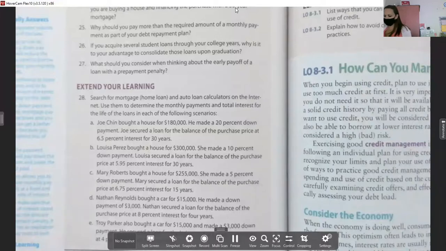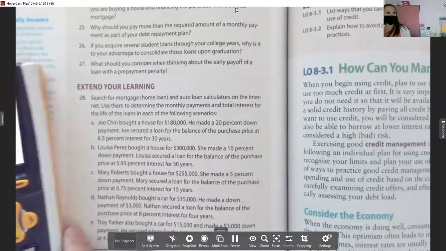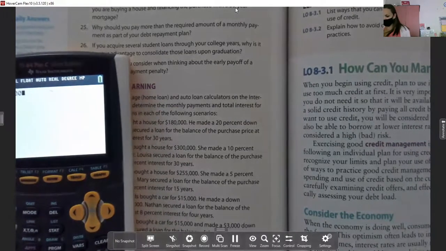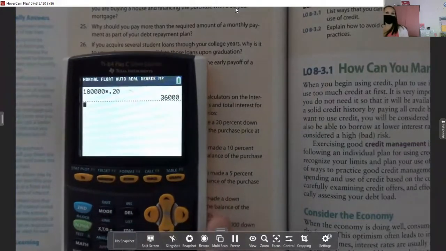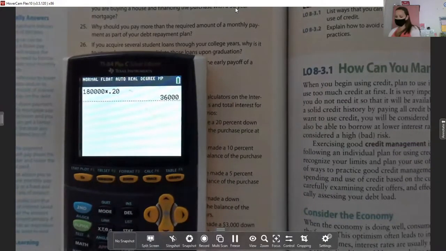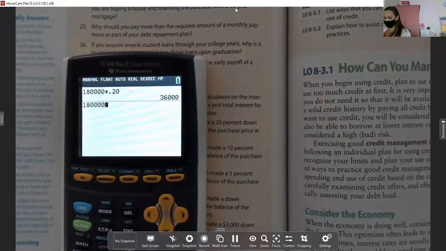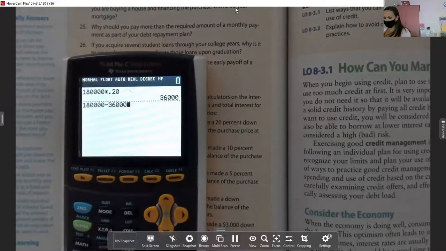So if he made a 20% down payment, 180,000 times 20%, his down payment was 36,000. So he needs a loan for 144,000.